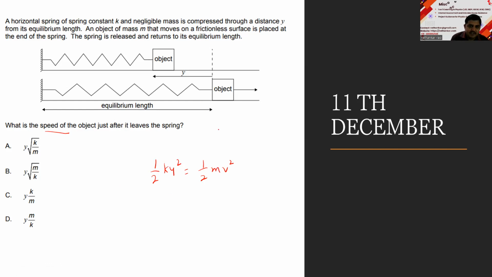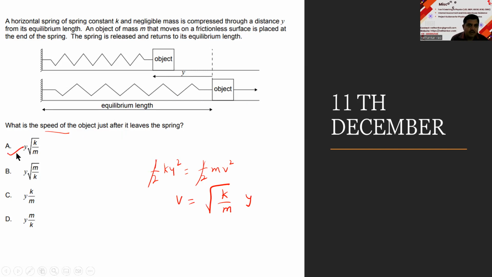Because this is completely frictionless. What do we need? We need the value of v. So this half and this half go away. v should now be equal to square root of k divided by m into y. What is the right answer? The square root of k by m into y. The answer is E.